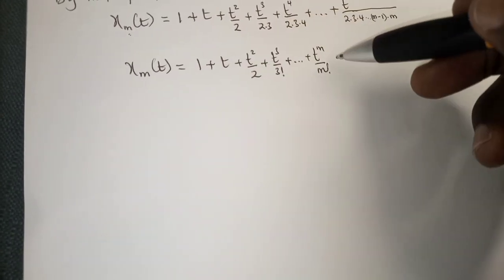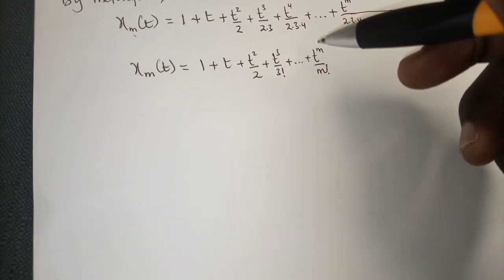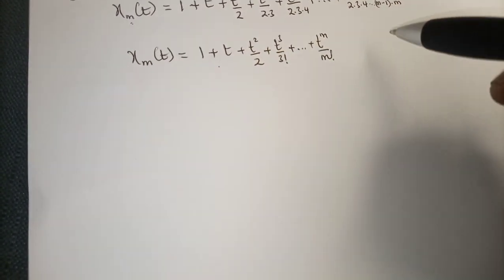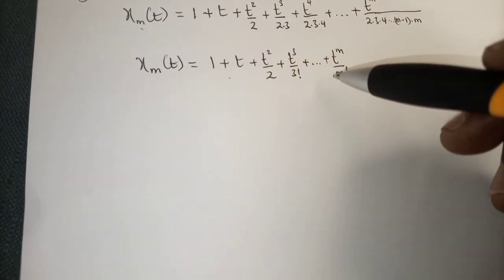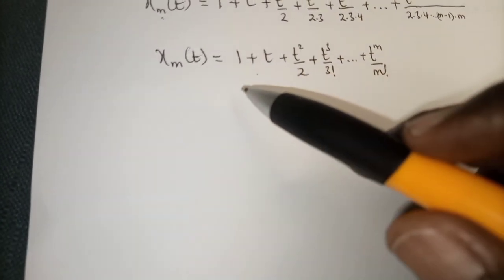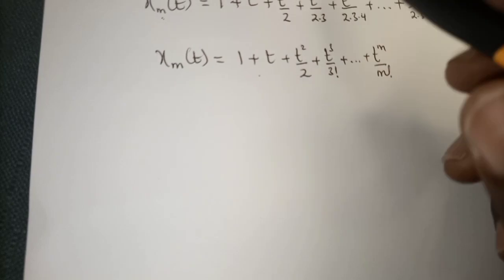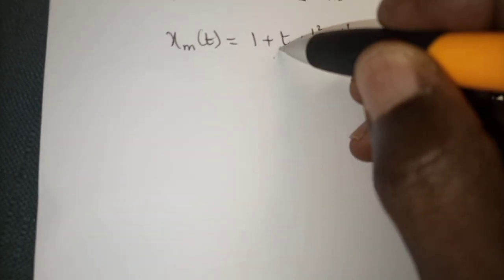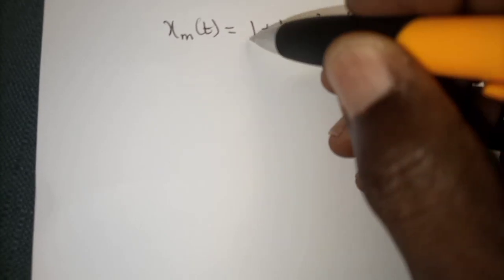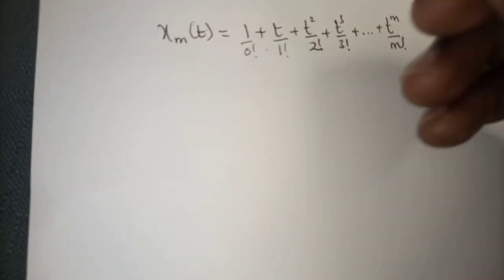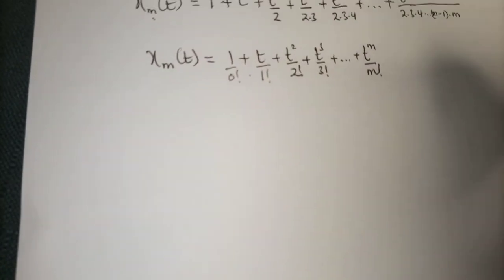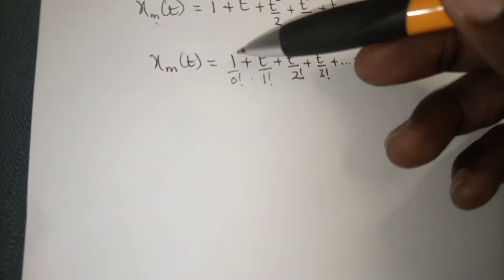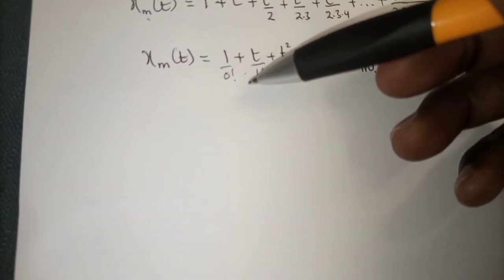We can write this as a formula, or you can introduce, since it's a sum, it's a series. Okay, since it's a series, we can form a sum notation. So if this is 2 factorial as well, and this will be 1 factorial, and this will be 0 factorial, that means that there is a connection between the numerator and the denominator.